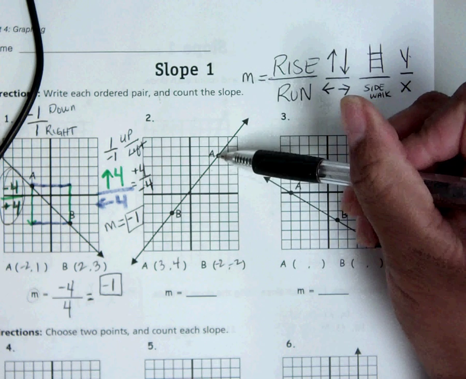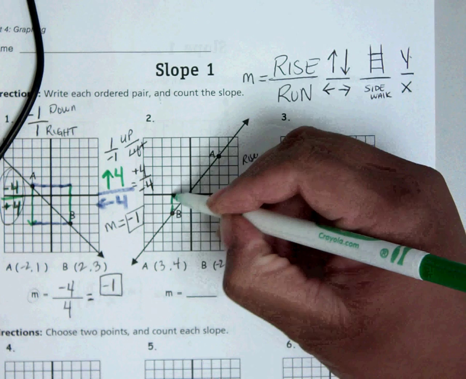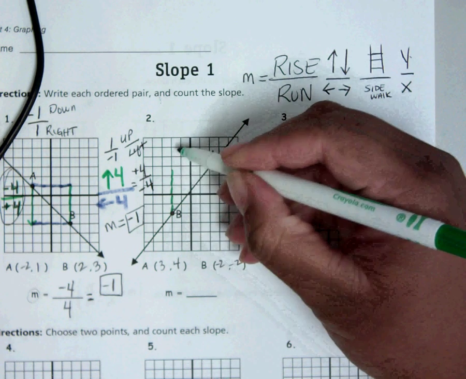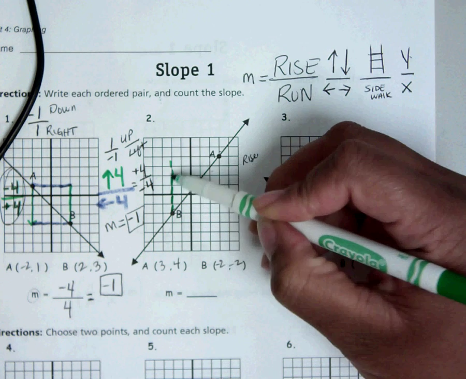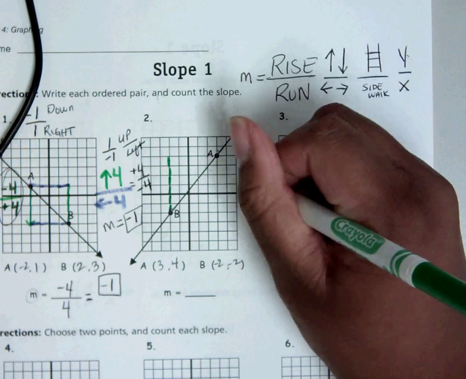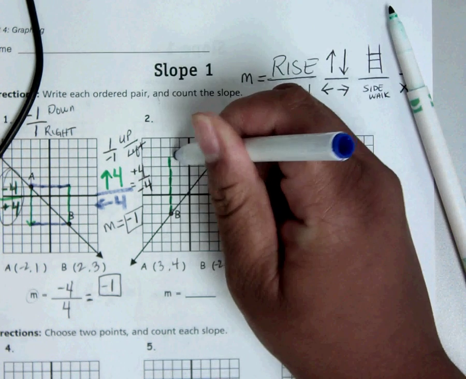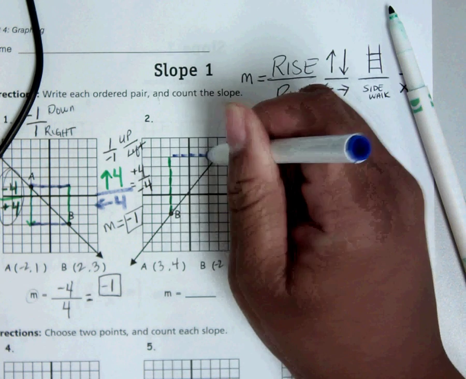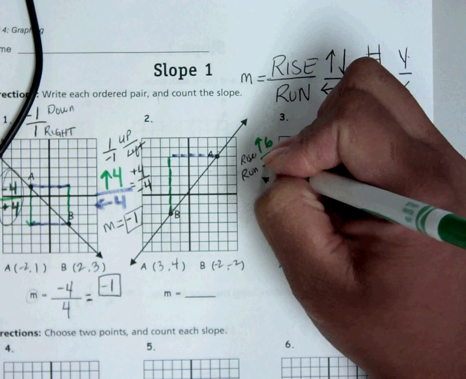I'm going to go from B to A. So I can go up 1, 2, 3, 4, 5, 6. Let me make sure that's right. So up 6. And then I have to run. And I'm going to run 1, 2, 3, 4, 5. So I'm going to the right 5.